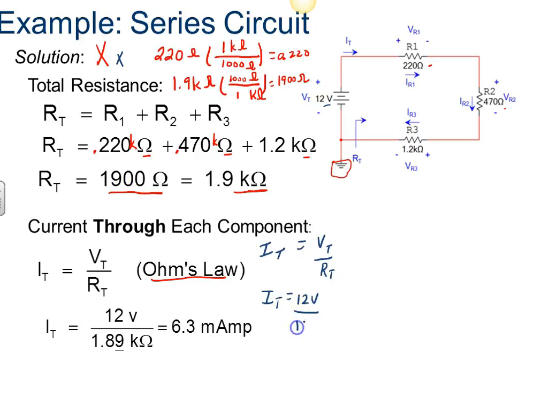So we're going to divide by 1,900 ohms. This gives us 0.0063. And the unit for this, volts divided by ohms, is amps. So this would give us amps.